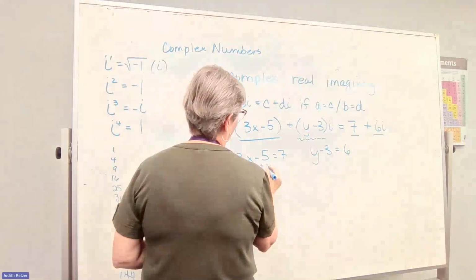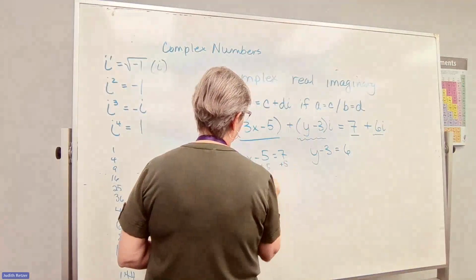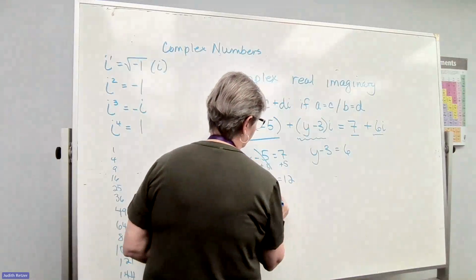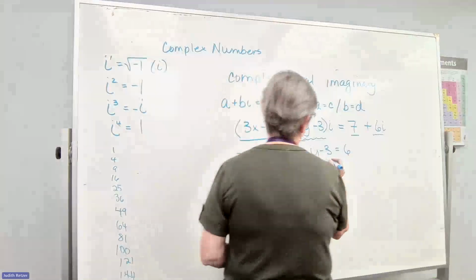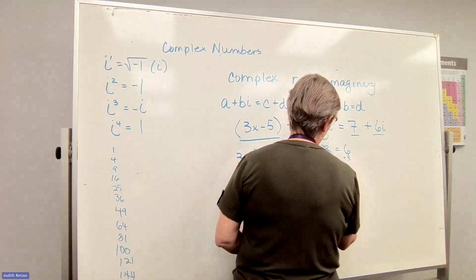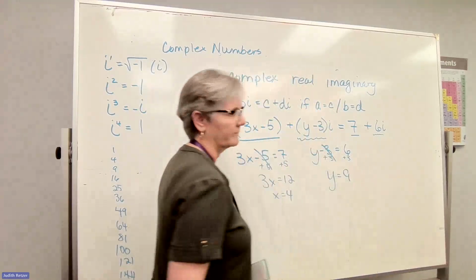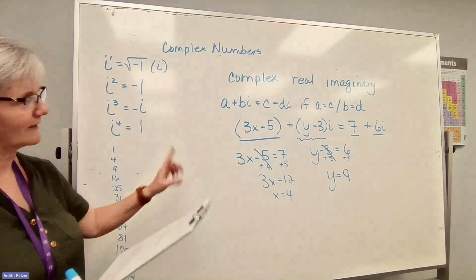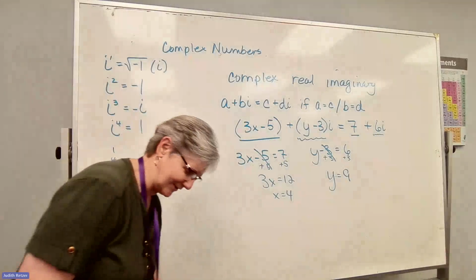So you add 5, 3x is 12, x is 4, and add 3, y is 9. Done.